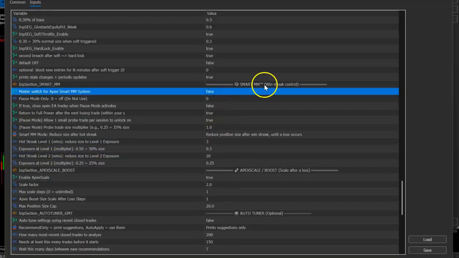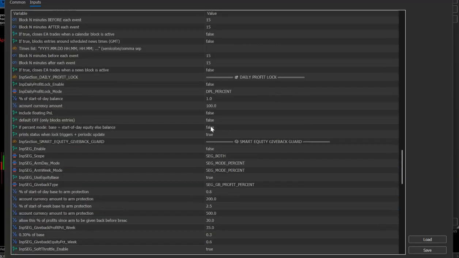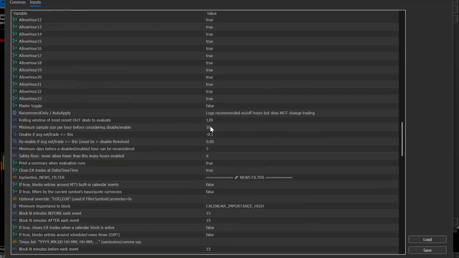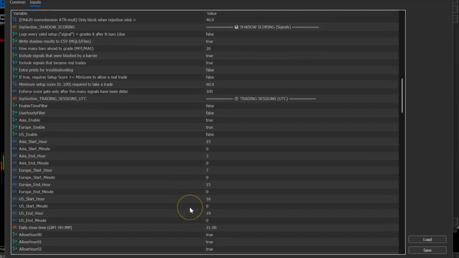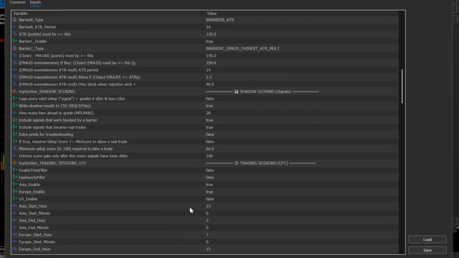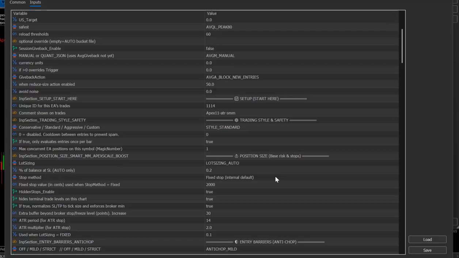With ATR, you'd have it off, and ATR smart money management on. So it's just testing different combinations of the EA. You're building up a track record on the demo account, and you can use the AlgoVault Quant by typing in the magic number of the combination you're using. So you can get the data and see what the best set is in the long term or in the current trading conditions. I just wanted to get that out of the way first.